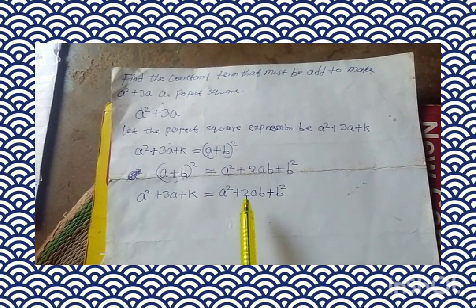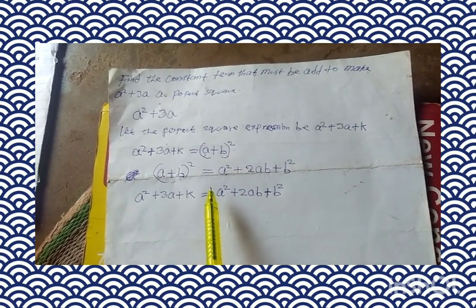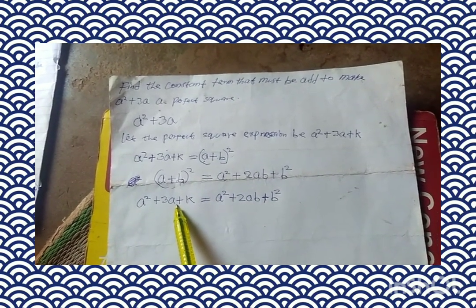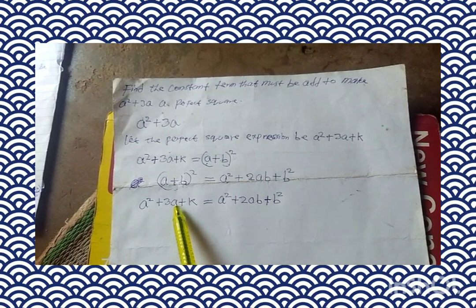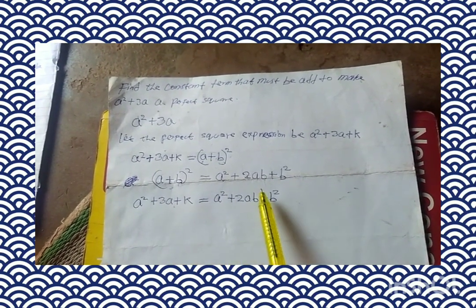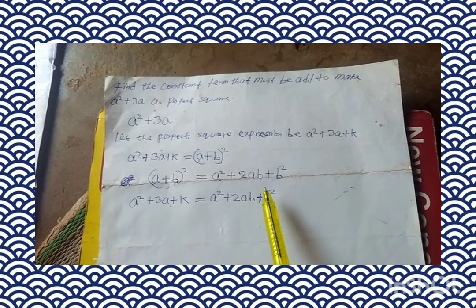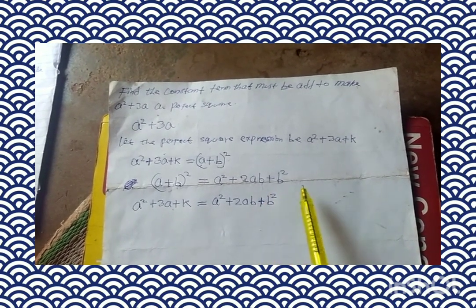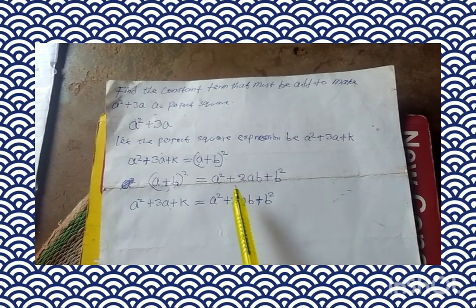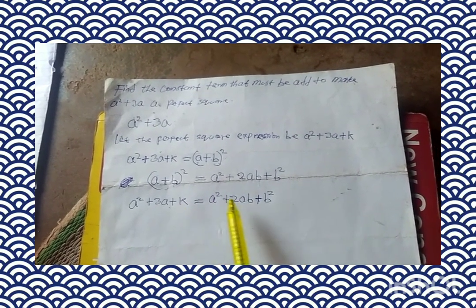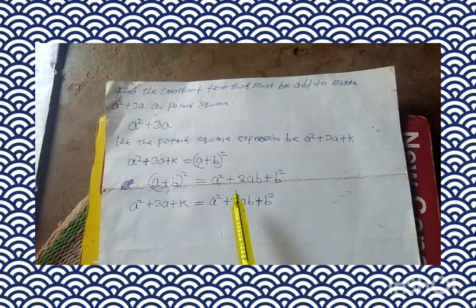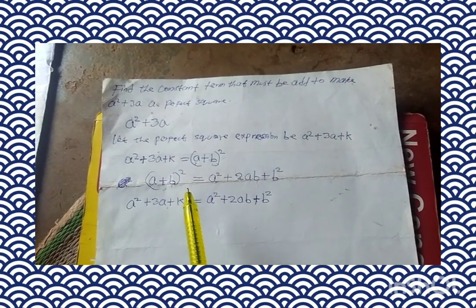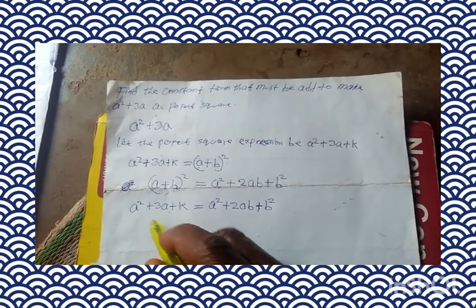Now, the coefficient of a at the left hand side is 3, and the coefficient of a at the right hand side is 2b. So we can compare the coefficients of a at both sides.